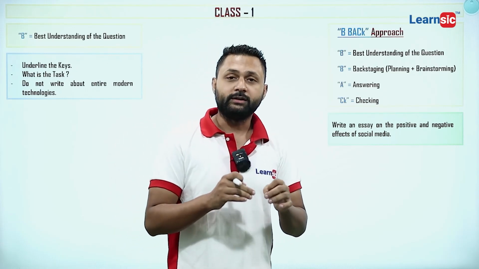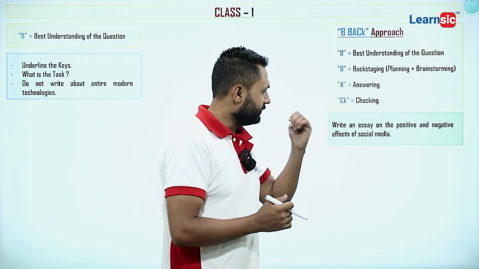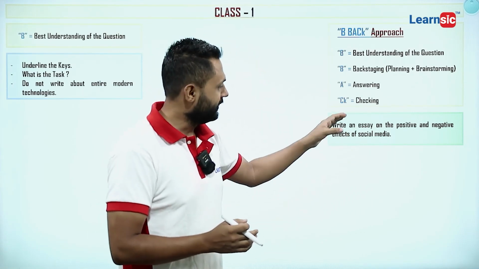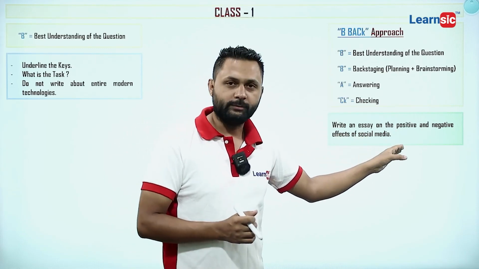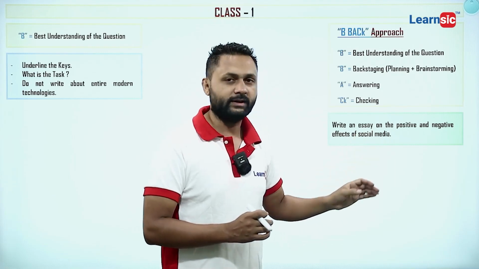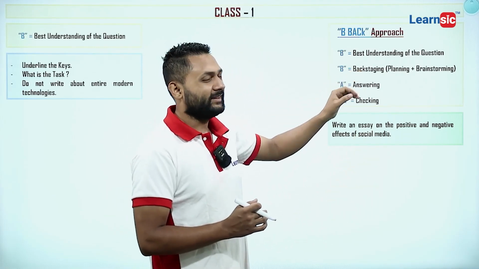This will be known as a deviation from the topic. So you must focus on what the topic is. In this case, the topic is social media, so you must only write about the positive and negative effects of social media.